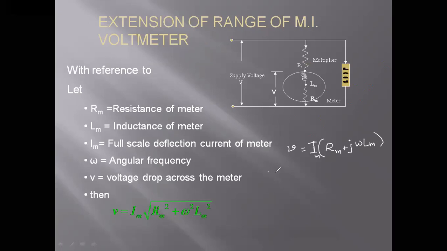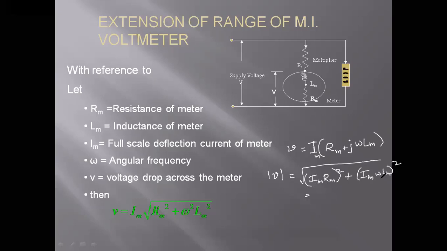Coming to the magnitude of v, magnitude means square root of real part square plus imaginary part square. So it is the square root of (Im Rm) square plus (Im omega Lm) square.